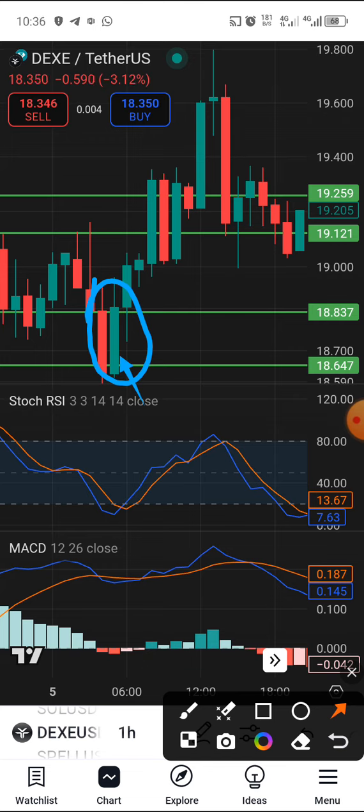If we focus on this line here, okay, this will be what we call a breakout candle, because it opened below our line and it closed above our line. So it qualifies to be a breakout candle.